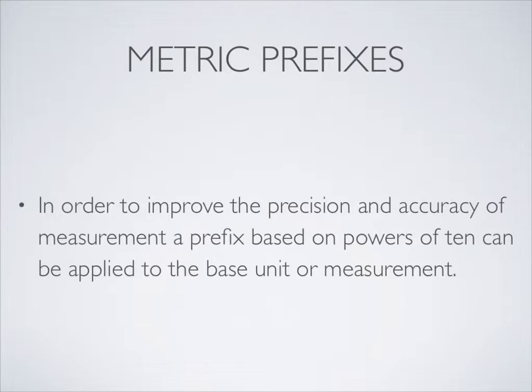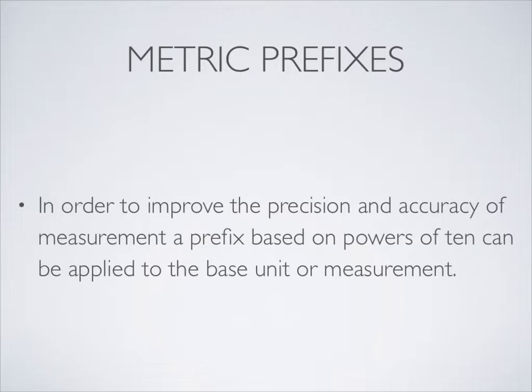Metric prefixes. As I mentioned, the measurement system we use here in chemistry is based on the metric system or the SI system. They two don't mean the exact same thing, but they are synonymous because the new SI system is based on the old metric system and its base 10 principle.